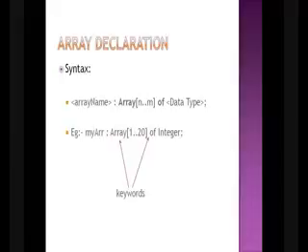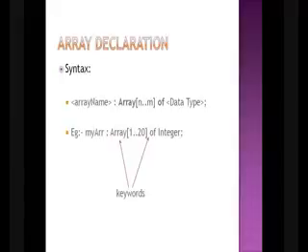Given in the slide is the syntax to be followed in declaring a Pascal array. First we declare the array name, followed by a colon and the keyword array, which is followed by square brackets within which we specify the starting index and the finishing index we desire.